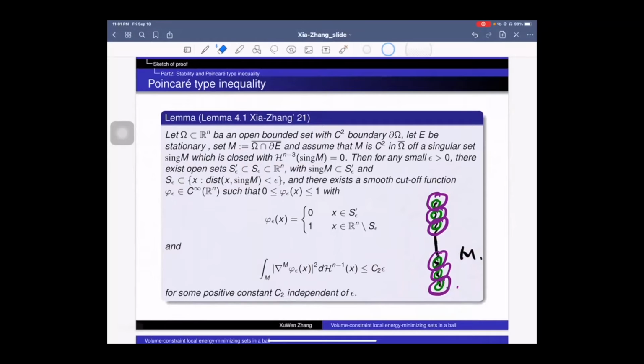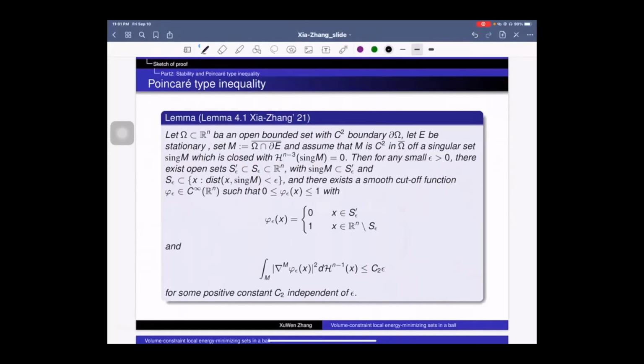And the main tool we will use to construct the smooth cutoff function is the monotonicity formula for rectifiable varifold and general varifold with fixed contact angle with the boundary.